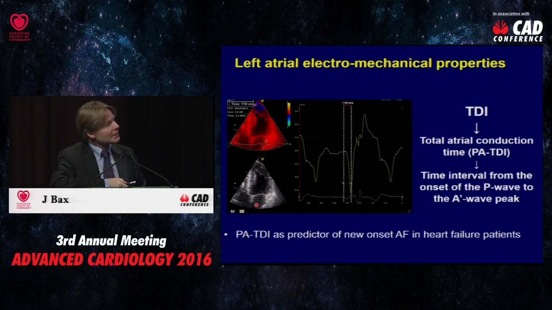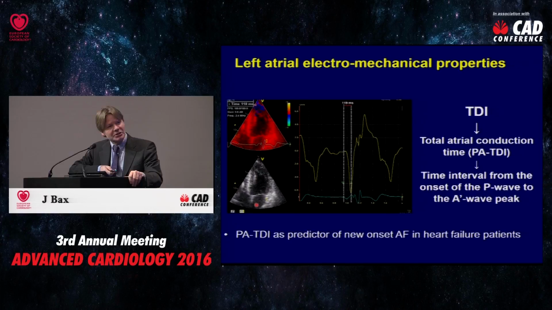So how do we measure that fibrosis? We can do it directly with MRI, I'll show that to you in a second, but we can also do it with this, again, tissue Doppler. When you do the tissue Doppler and you put the signal here, for example, then you have an ECG tracing here. Here is the P wave. So this is electricity. And here you see then these E prime and the A prime, as I just indicated to you.